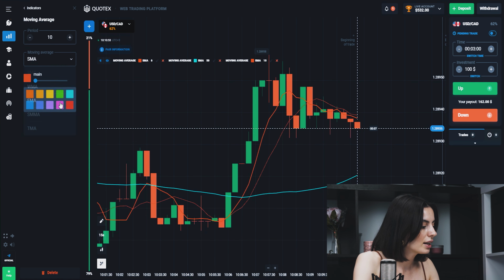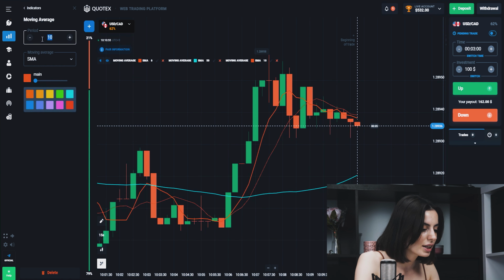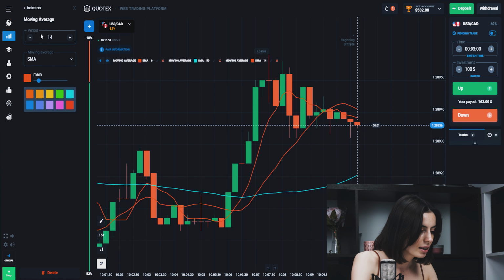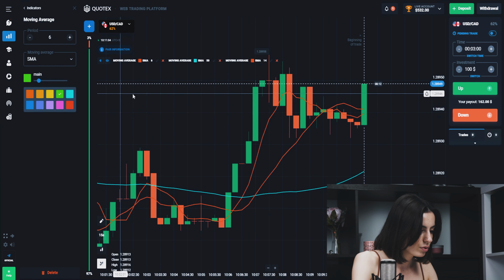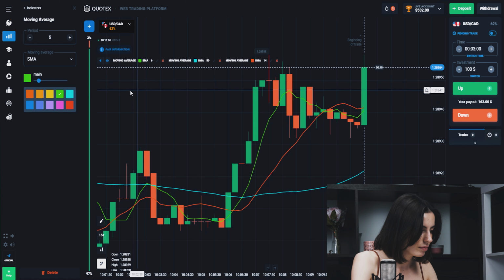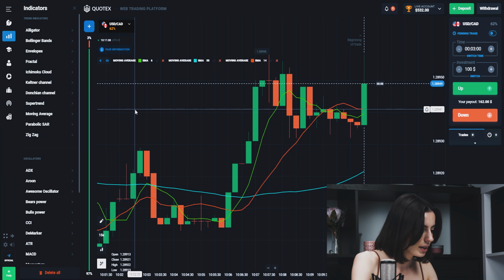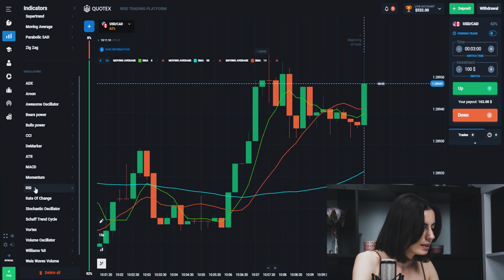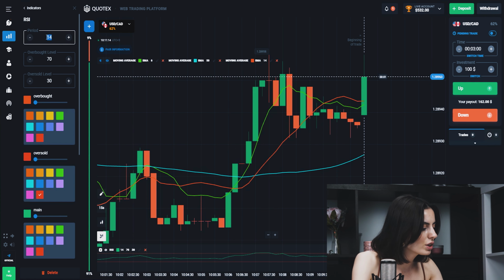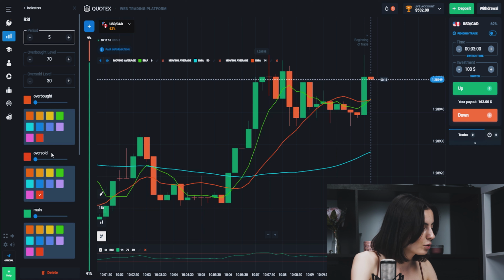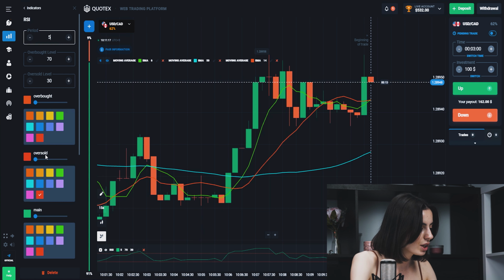Nothing new here. The third one is going to be the moving average again. What a surprise. Let's check that we have the color green. And the last one is going to be the RSI, below the chart. I bet you all know it, and I'm just checking and changing everything.